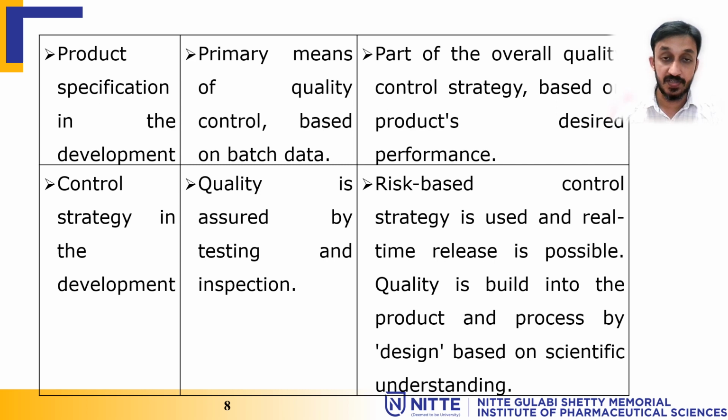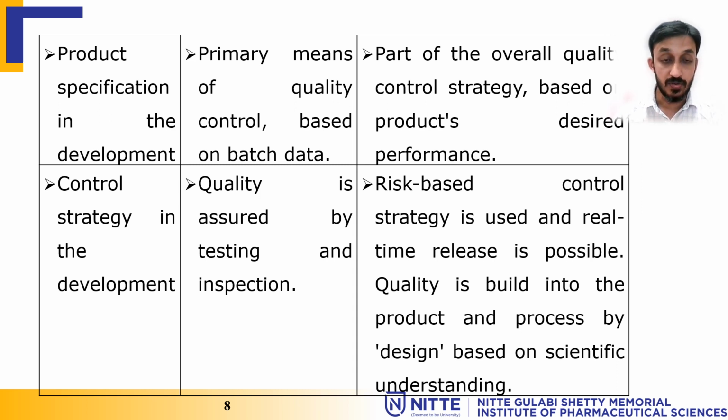So product specifications, if we look into, currently the primary means of quality control is based on the batch data, whereas in QbD it is part of the overall quality control strategy based on product's desired performance.